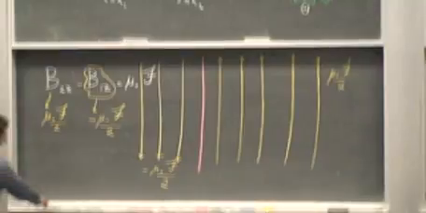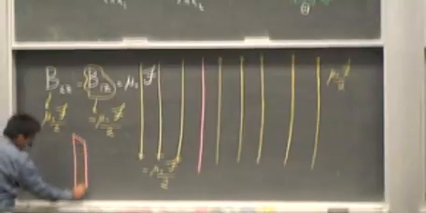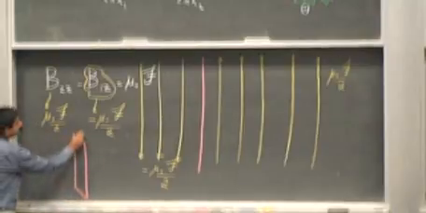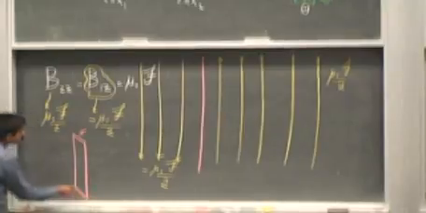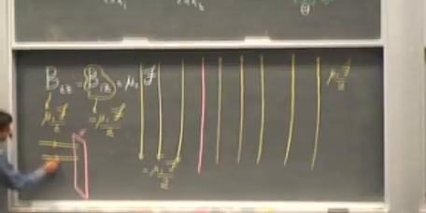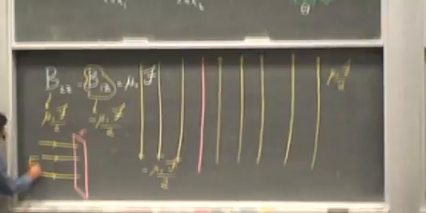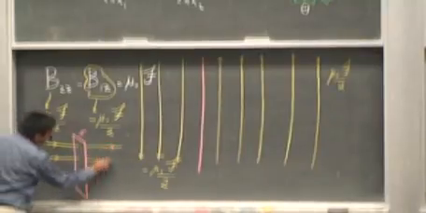If I have a sheet of charge that carries a charge density sigma, and the electric field here, which is normal to this sheet, I call this E1, and I call this electric field E2.